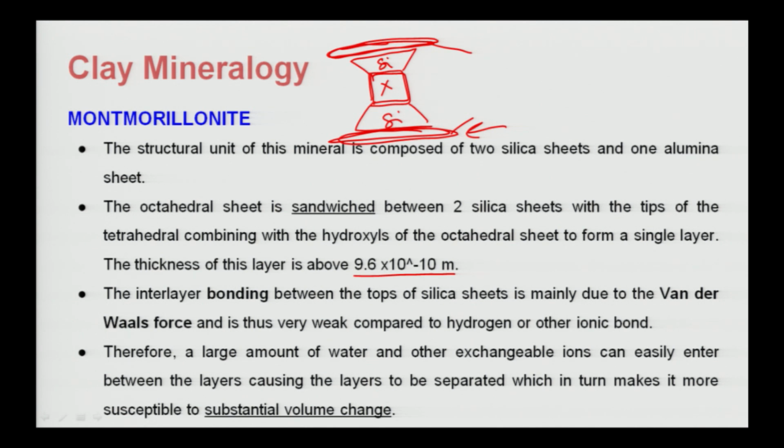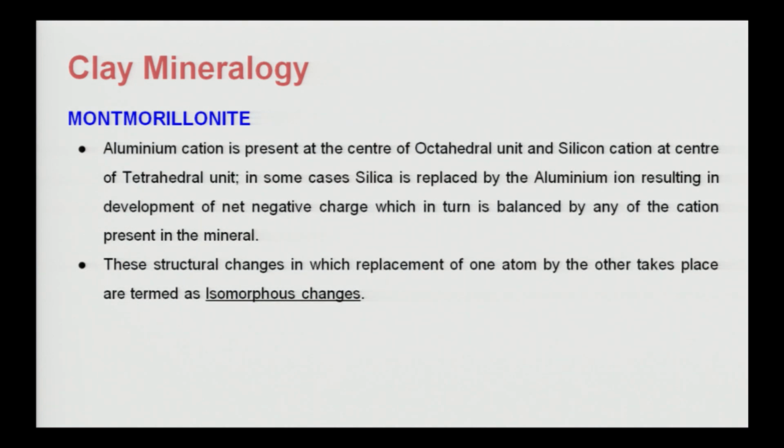This is particularly shown in the black cotton soil. Understand one thing here: the aluminum cation is present at the center of the octahedral unit, this one here, and the silicon cation at this one.